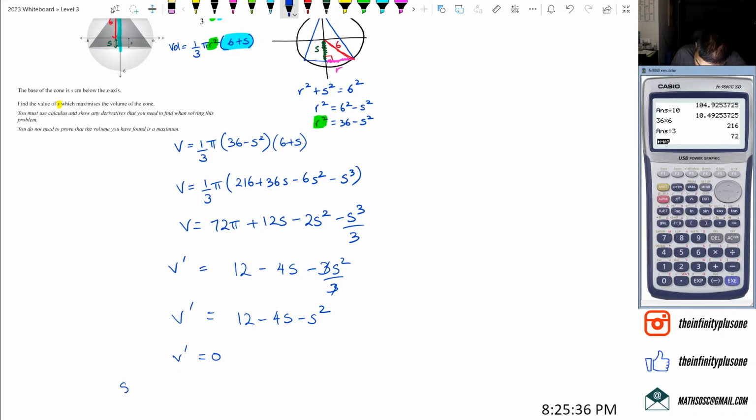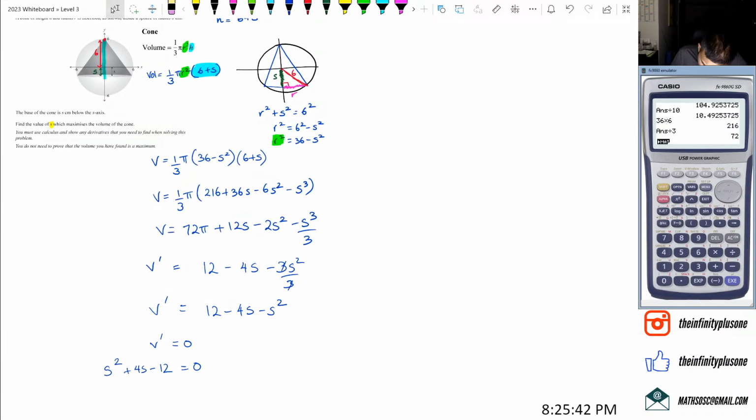I get s squared plus 4s minus 12 is equal to 0, which means I've got s plus 6, s minus 2 is equal to 0, which means s is equal to negative 6 or positive 2. S actually can't be negative 6, therefore s is equal to 2.